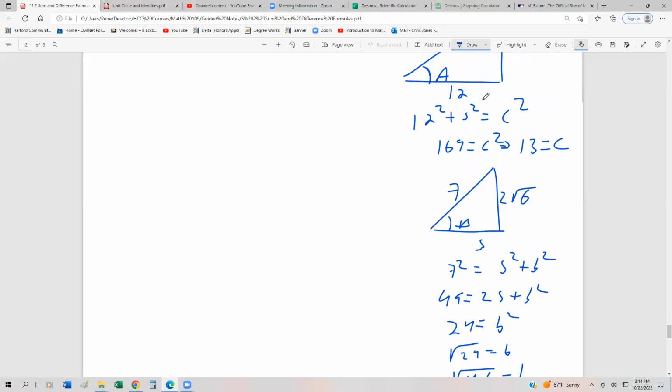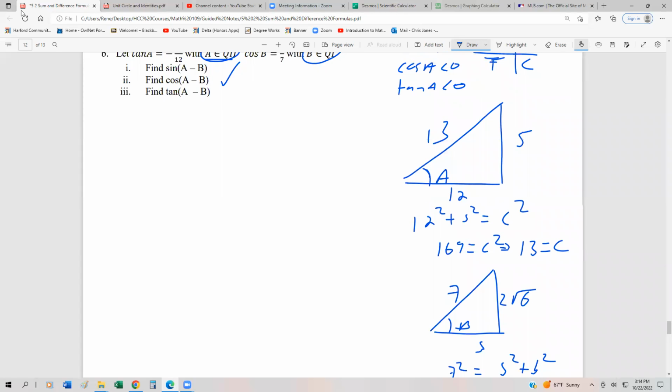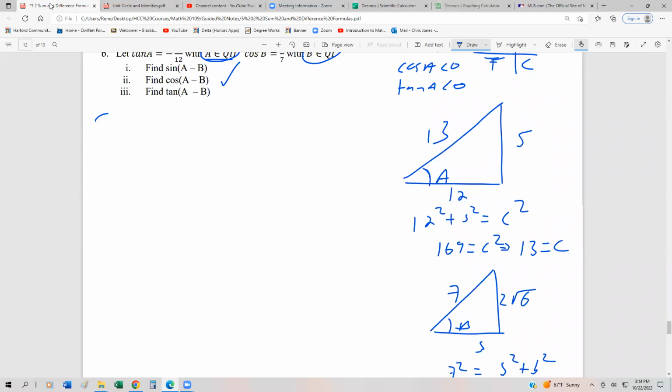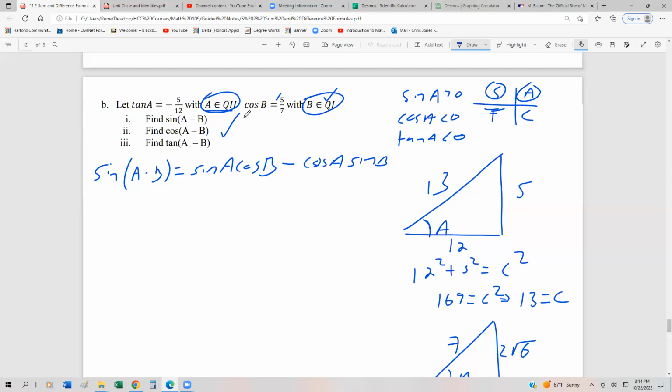Okay, so remember, sine of A minus B. So we're going to look at our formulas. Sine of A minus B is going to be sine cos minus cos sine. That's going to be sine of A minus B is equal to sine A cos B minus cos A sine B. And remember that we have A in quadrant 2.